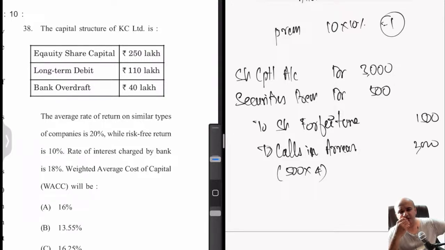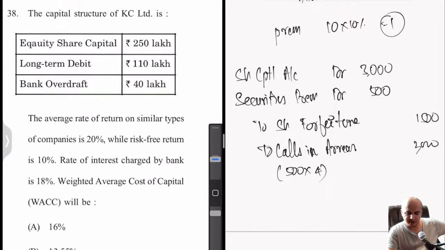If you consider that, then rate of interest charged by bank is okay. Risk-free return is 10%. They say. Weighted average cost of capital. RF we can consider as 10%.